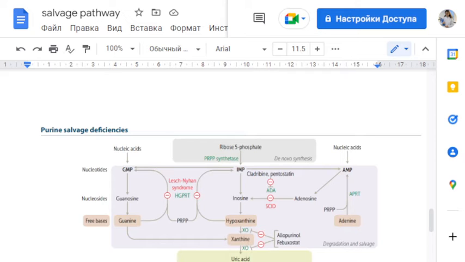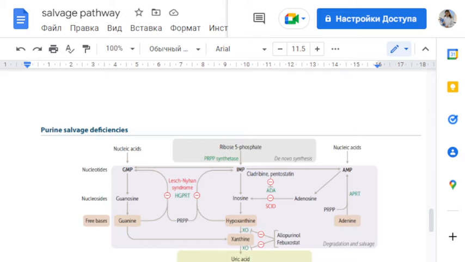So after that, you do dephosphorylation, you remove phosphate group, and then you remove sugar group. So you remove ribose sugar, and then it becomes adenosine. After that, you make hypoxanthine and xanthine from adenosine or guanosine, right?